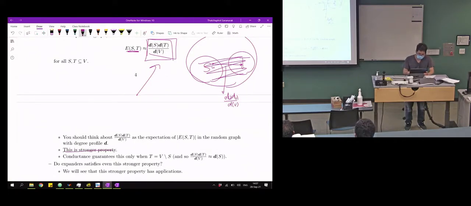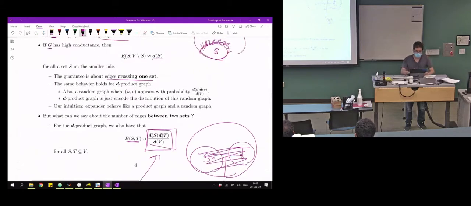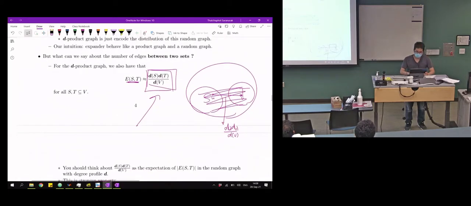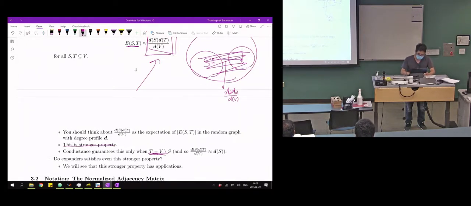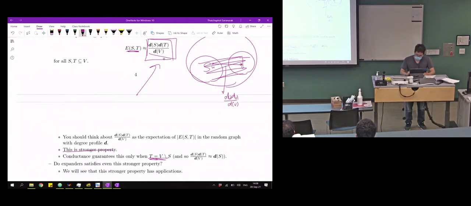Note that this property is stronger than the one about cuts, because the one about cuts is when you set T to be the complement of S. When you set T to be the complement of S, this term becomes equal to this.